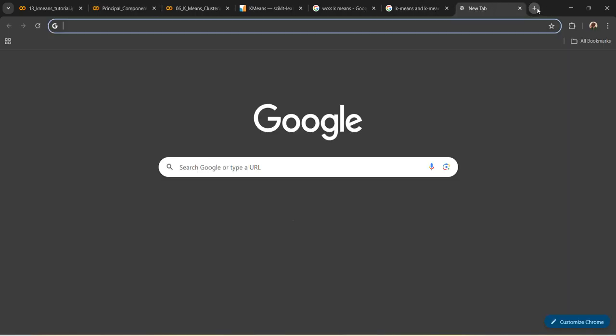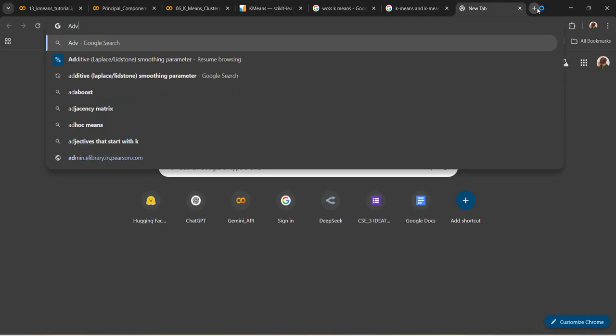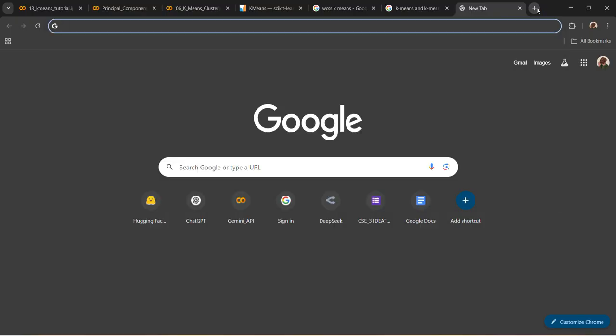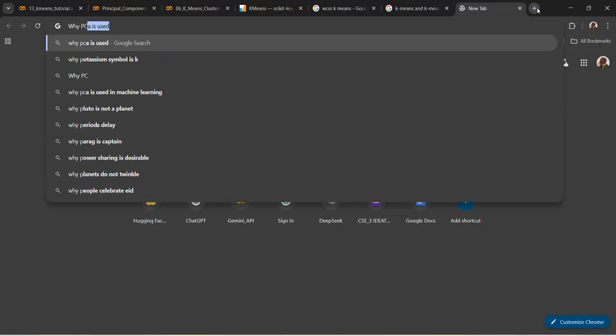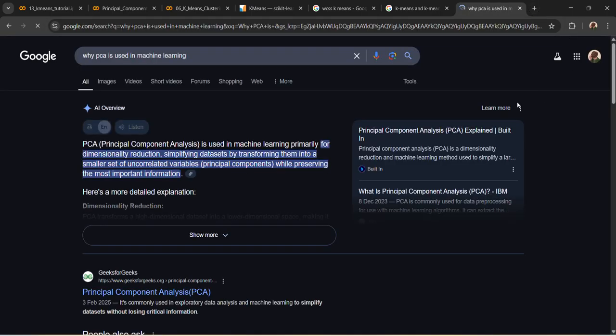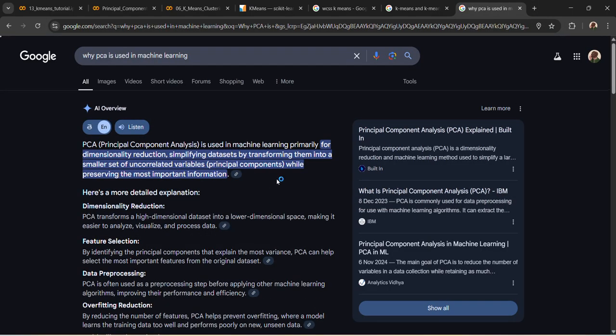If you directly search why PCA is required, or is used in machine learning, let us say, here you can see dimensionality reduction, obviously simplifying the data sets. We are transforming them into a smaller set of uncorrelated variables.